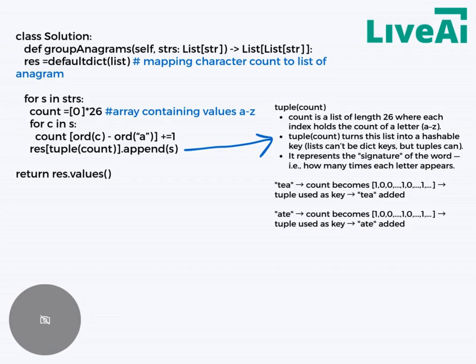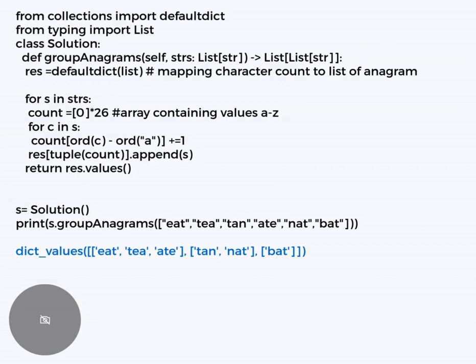Similarly with ate, the count becomes the same. So your tuple of this array is the key, and this key is common to tea and eat. When the key becomes common, we can append the individual word itself, which is s in this case. That will give me a list again, so I'm grouping everything together into a list. Then I'm going to return the values of the result. I'm not returning the keys, but the values of the result. So this is what we have.